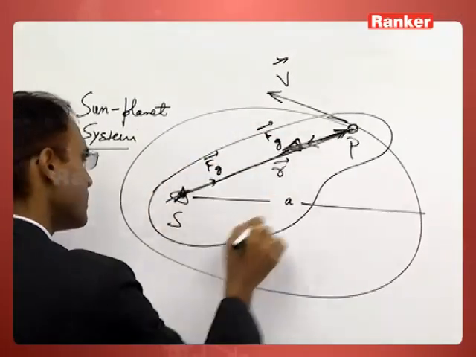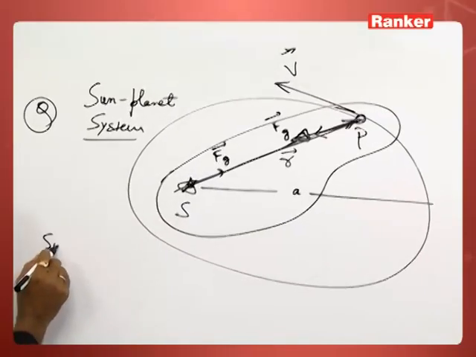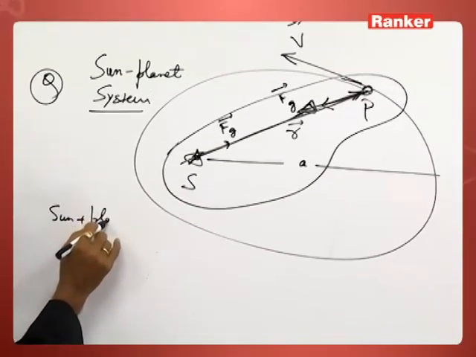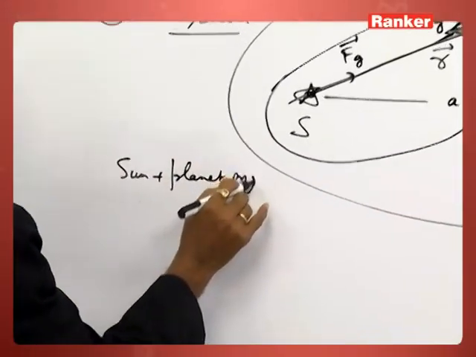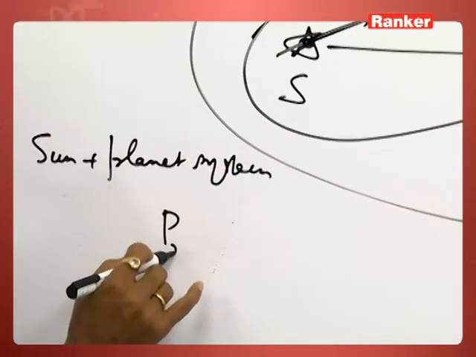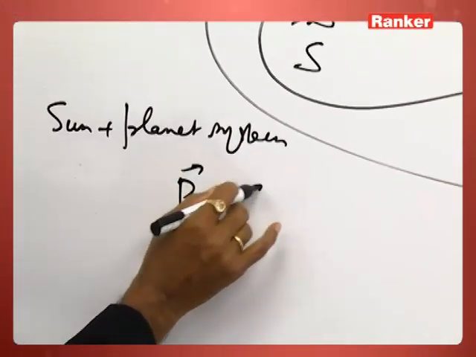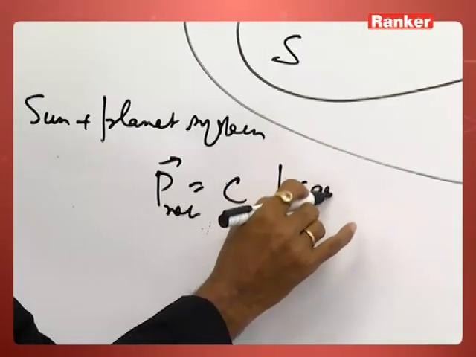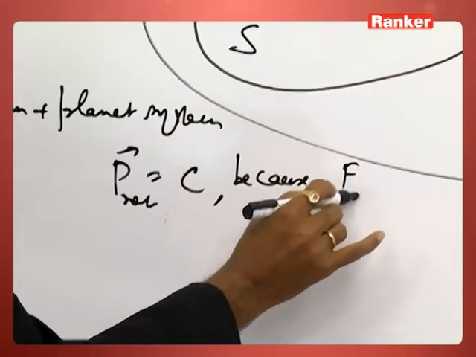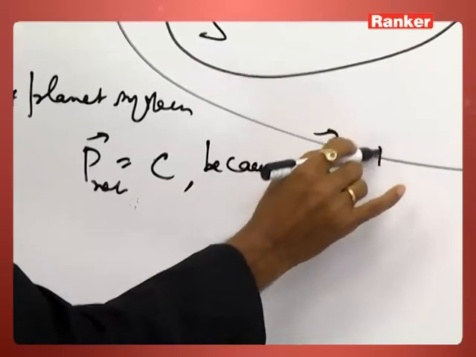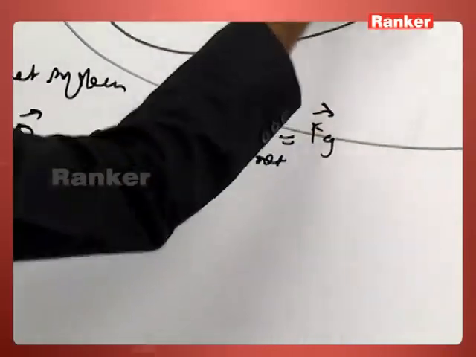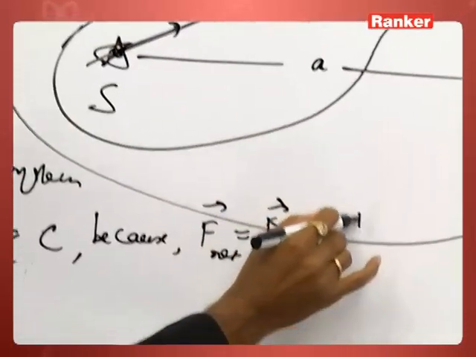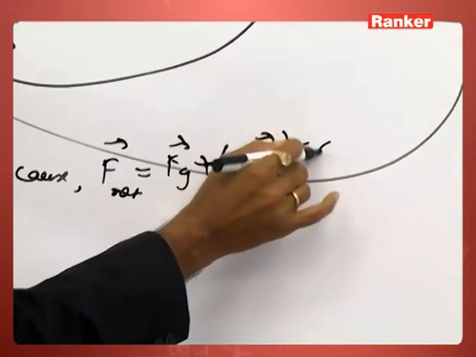So, net force acting on the sun-planet system, the net momentum remains conserved, because the net force acting is equal to F_g minus F_g equal to 0.